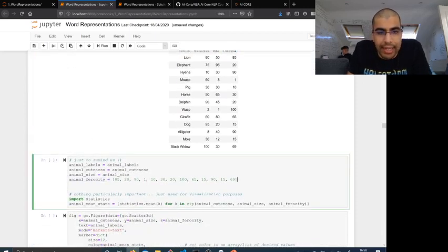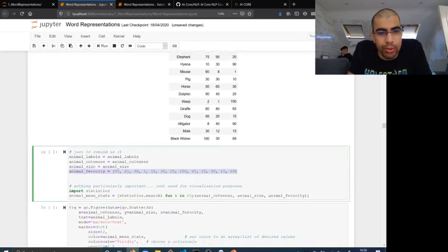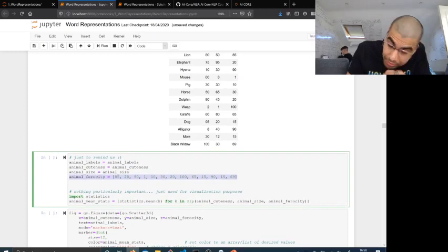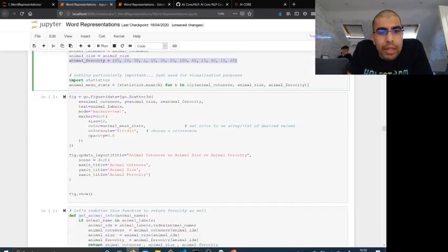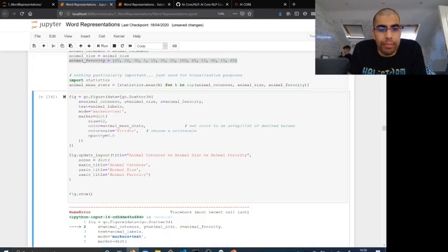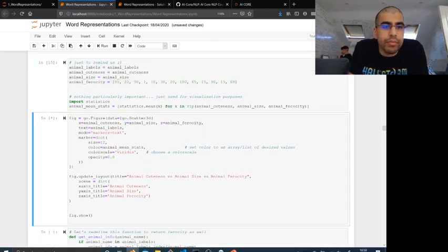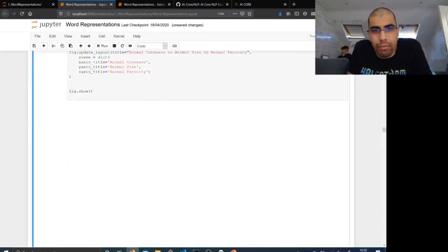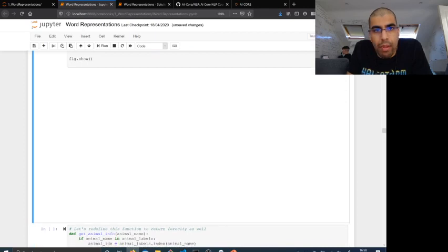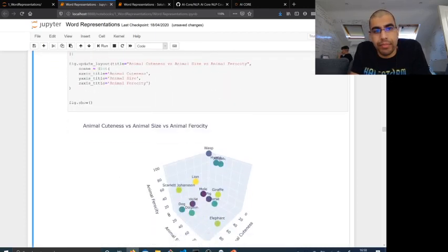We'll just add another list which represents ferocity, and we'll plot that on a 3D plot. In a second, the 3D plots take a sec to render.